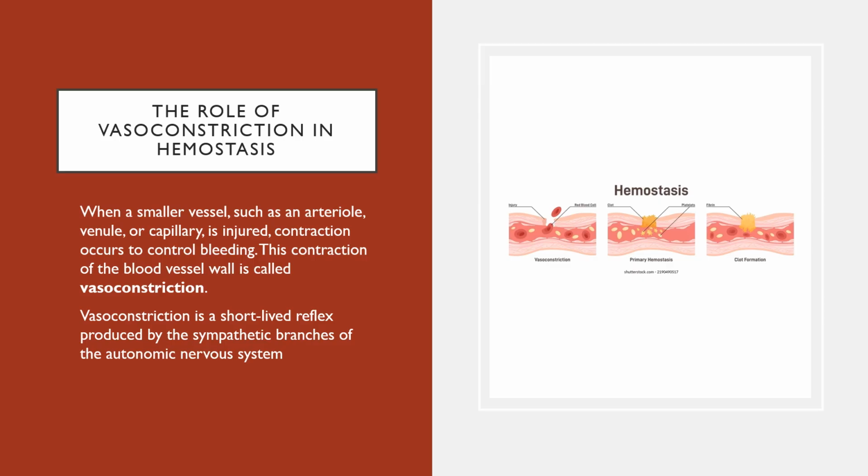It's a short-lived reflex, and it's produced by the sympathetic branches of the autonomic nervous system. So this happens without us ever thinking about it. It is a protective mechanism to divert blood away from the site of injury.